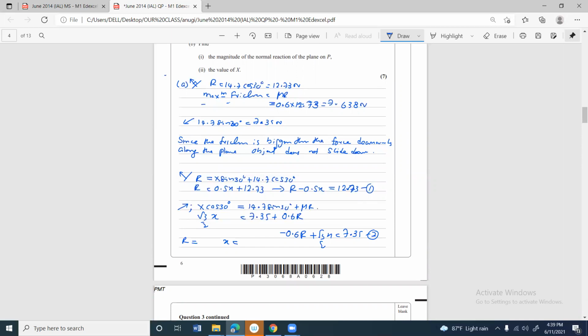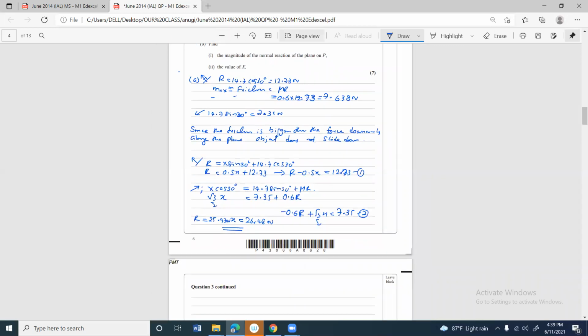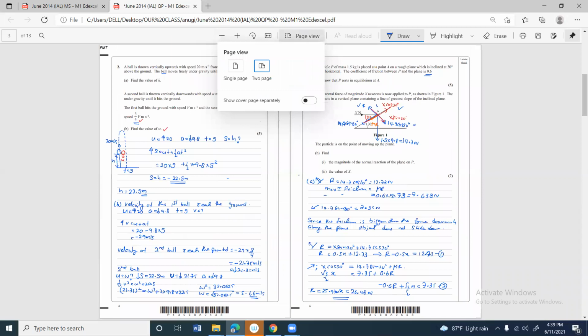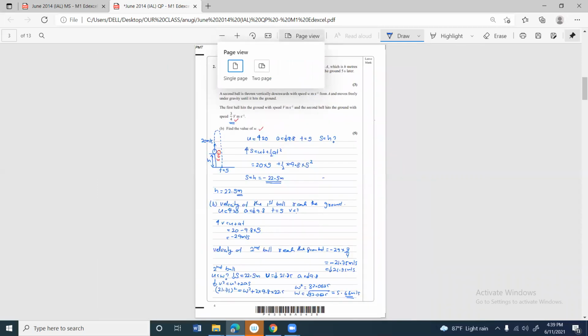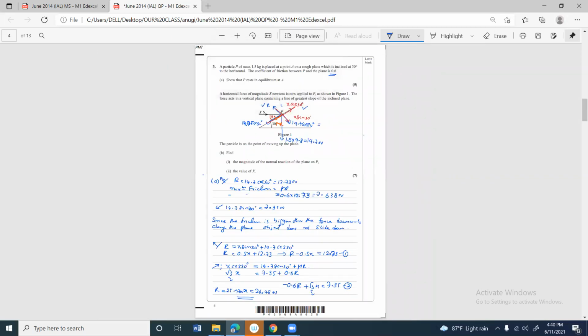You work this out and you get the answer for R. R is 25.97 newtons, and the x value becomes 26.48 newtons. That's the way of getting this answer. That's how you need to answer this kind of question.